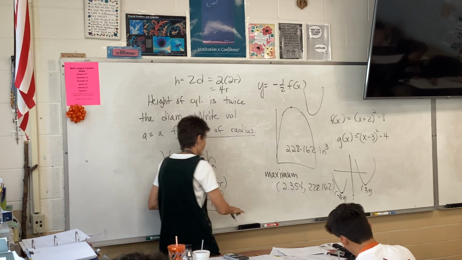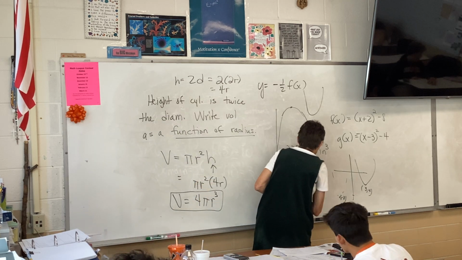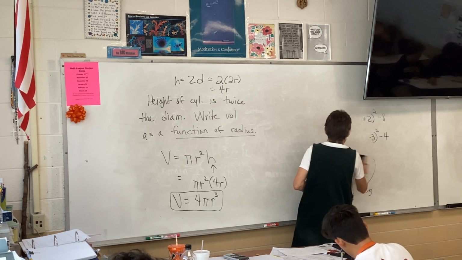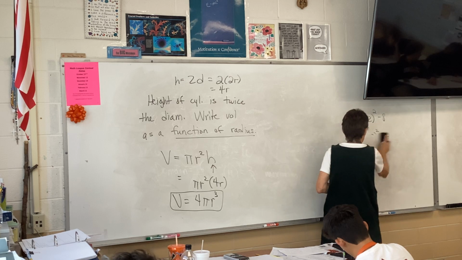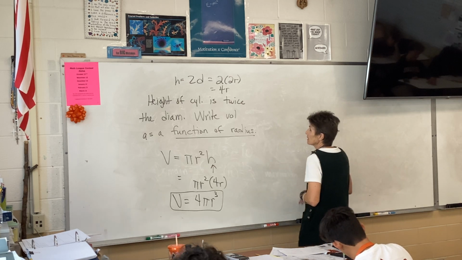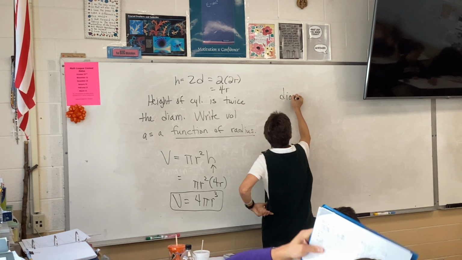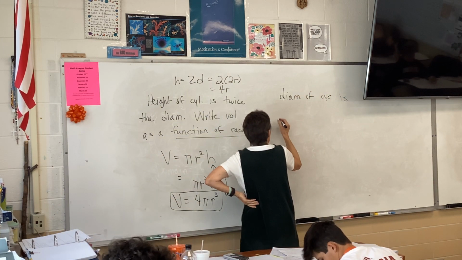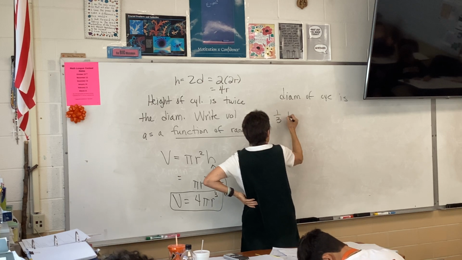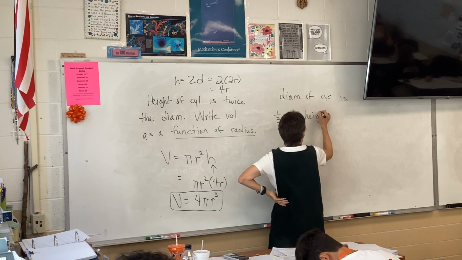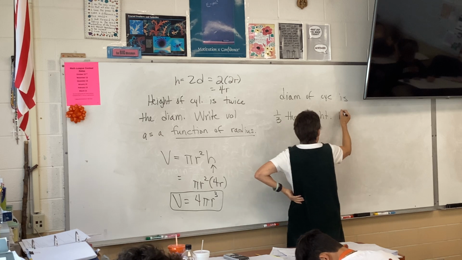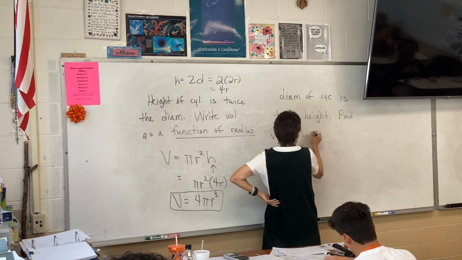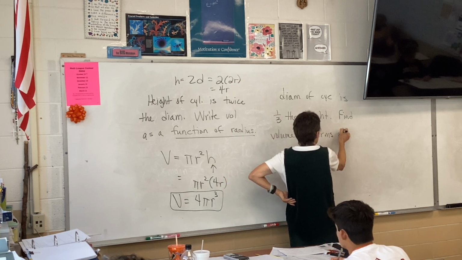Alright, so let's do one more of those. Let's say the diameter of a cylinder is 1/3 the height, and we want to find the volume in terms of the radius.